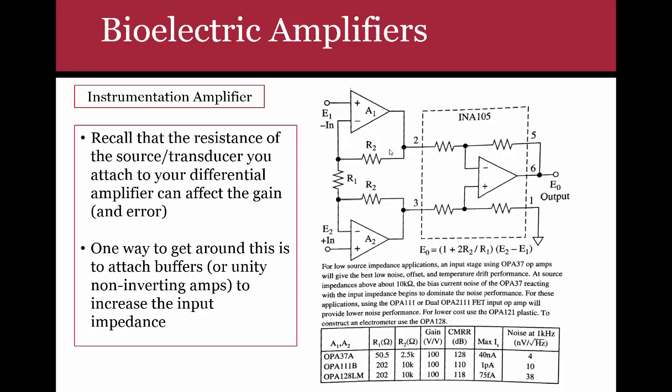That way you effectively increase the input impedance to the electrodes, and so you essentially isolate the electrodes from your difference amplifier. The take-home message here is that the instrumentation amplifier is just a difference amplifier, which you'll see in this little box, but you'll have some unity gain buffers sitting at the electrodes to increase the input impedance.